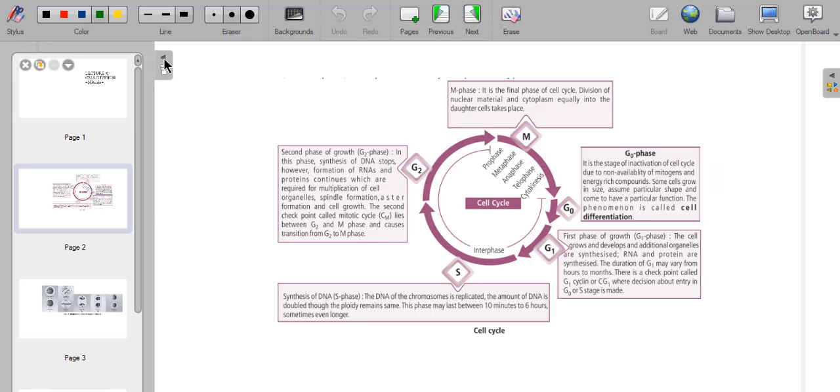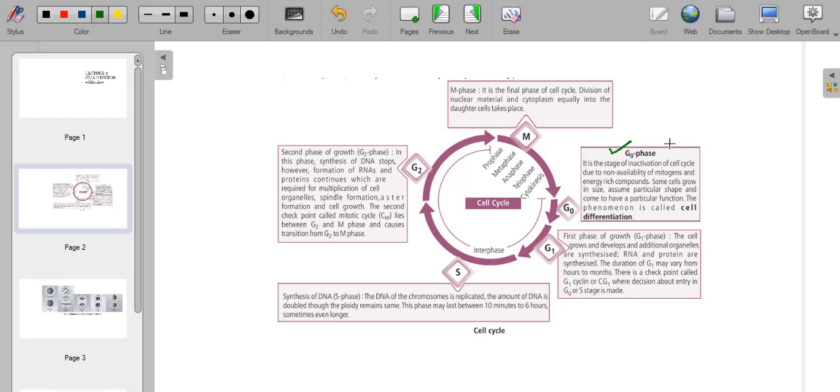Before going into the cell division, I wanted to show this graphical form of the cell cycle because it makes quite some sense. The first step you can see here is the interphase. The interphase is where the cell is going to grow, and this is the G0 phase, we can say.